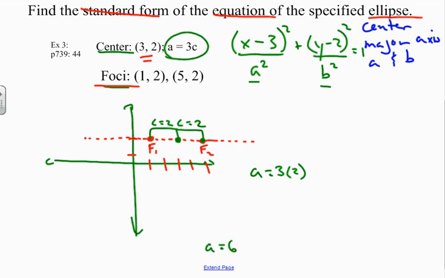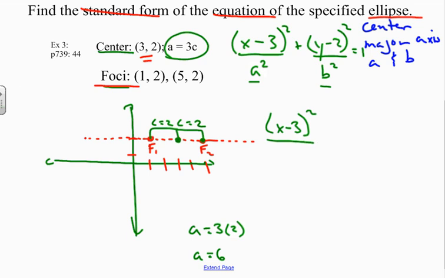We take these values and plug them into our equation. We have x minus 3 squared over 6 squared, plus y minus 2 squared over b squared, equals 1. Now the next thing is we need to figure out our b value.